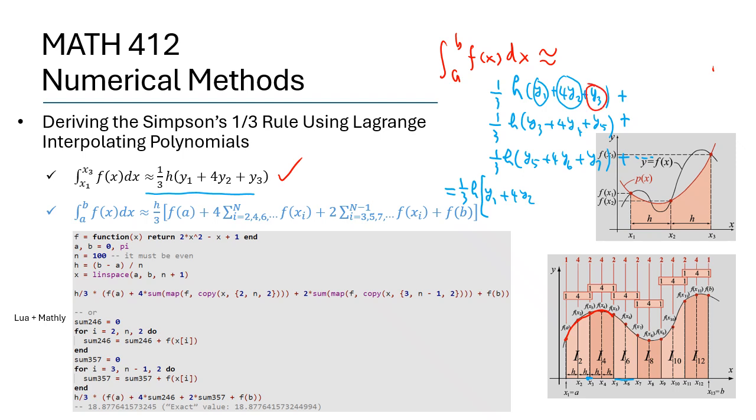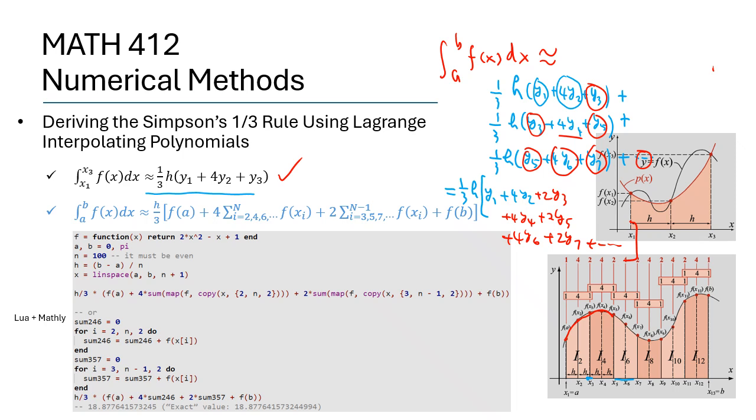We have 1, 2, so you have 2y3. And y4? Plus 4y4. How about y5? You have 2y5. And y6, 4y6. And plus how many y7? You have 2y7, and so on.